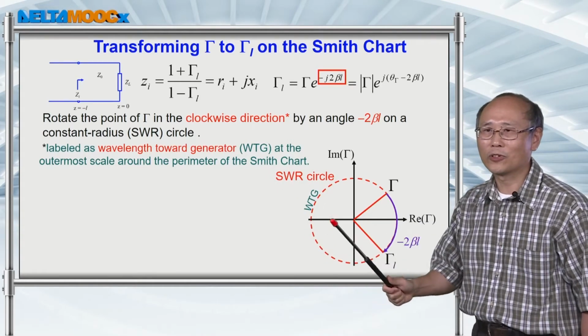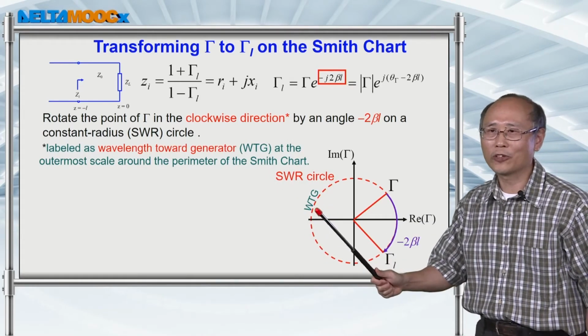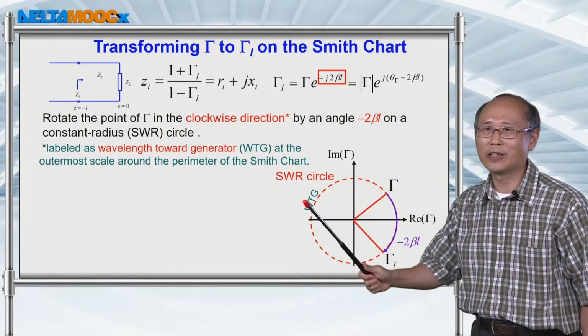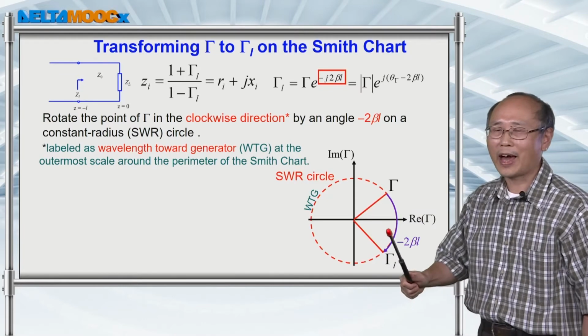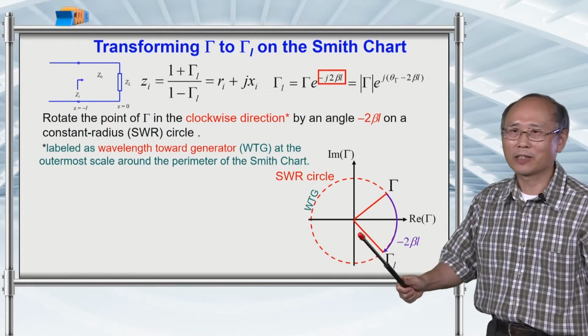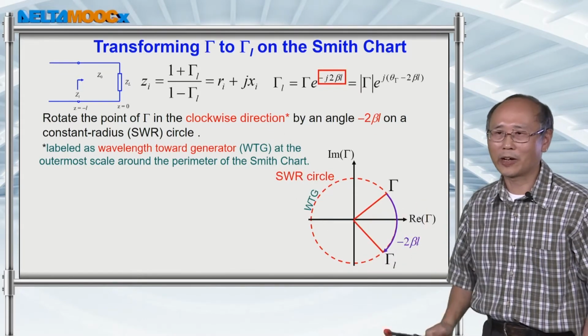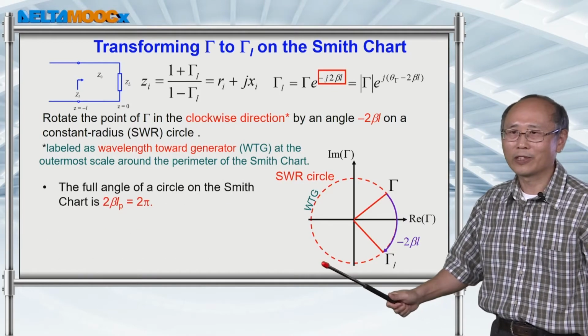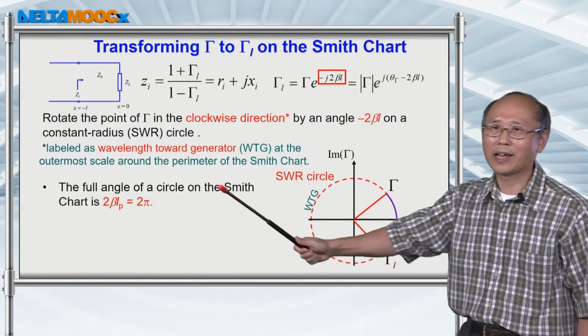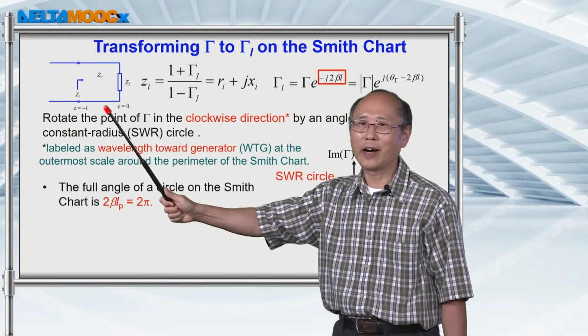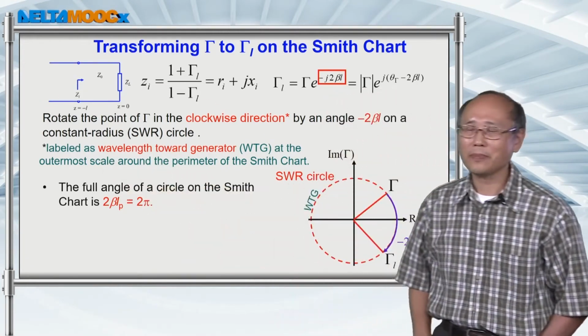If you look into the Smith chart, quite often you can see a label WTG. It means wavelength toward generator, which is the direction corresponding to clockwise. So if you move in the clockwise direction, then you'll be walking down the transmission line toward the generator.